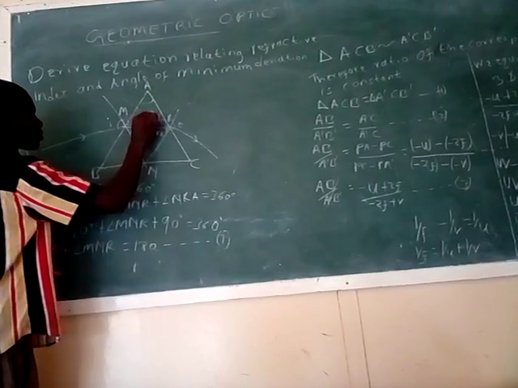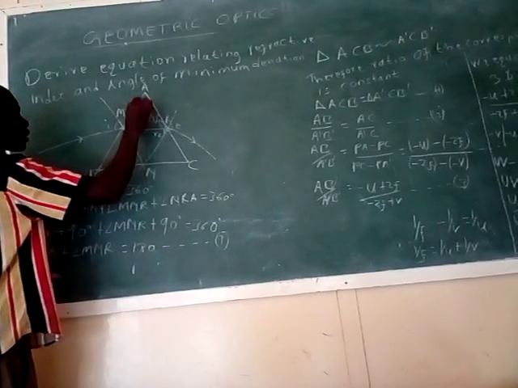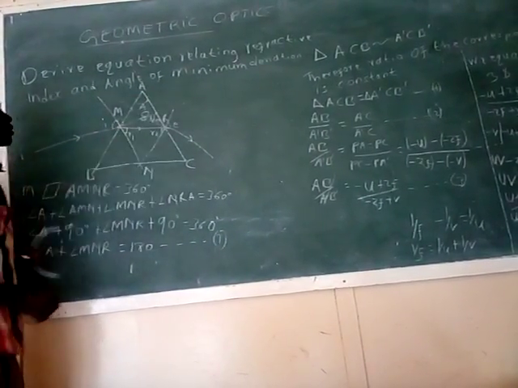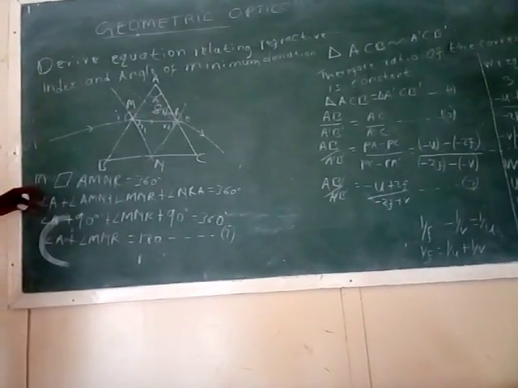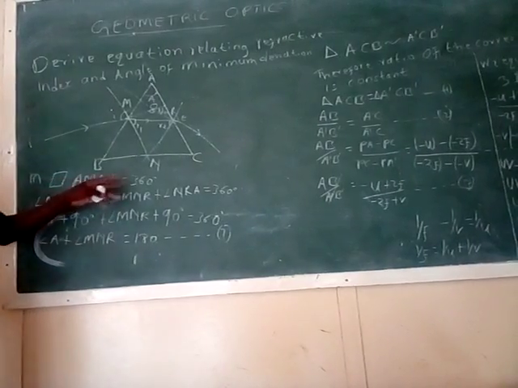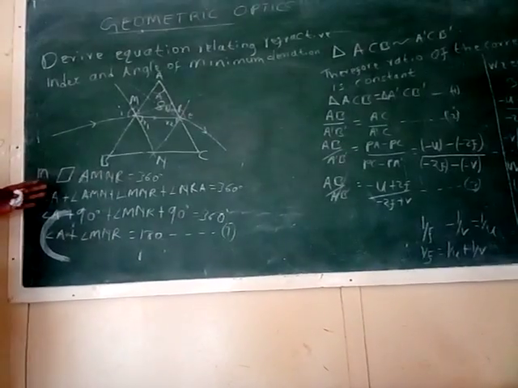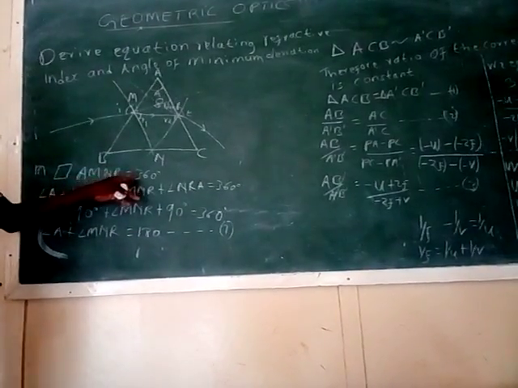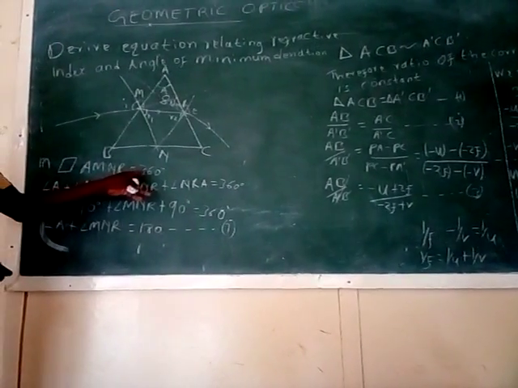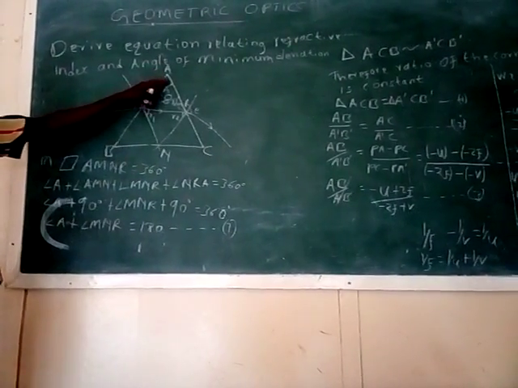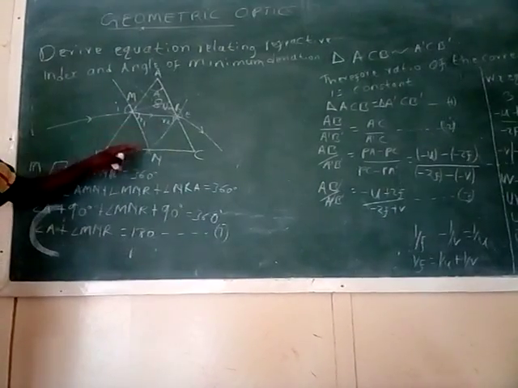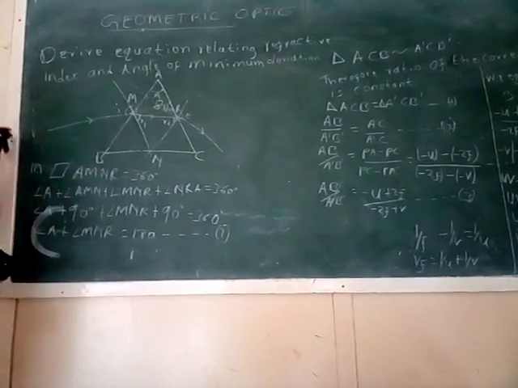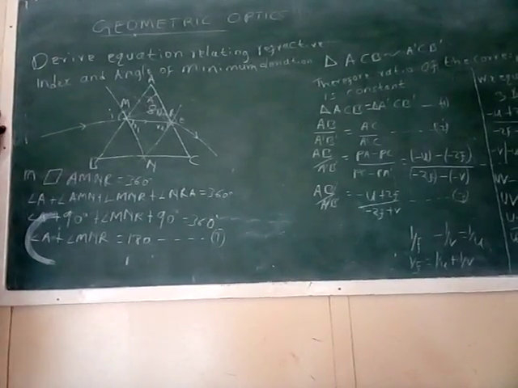In quadrilateral AMNR, the angles sum to 360 degrees, which we get by taking angle A plus angle AMN plus angle MNR plus angle NRA.